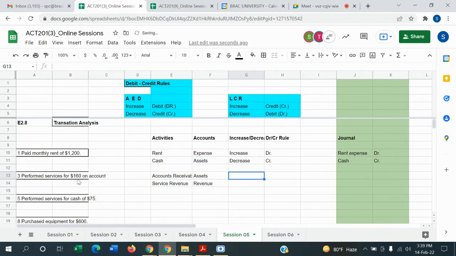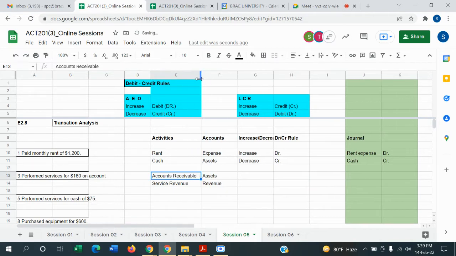Because they mention on account, if they specify on account, does it mean cash? Accounts receivable means they provided service but have not yet received the cash. That's why no cash account will be here. If you look at the next one, that will help you. So accounts receivable and service revenue, asset and revenue.